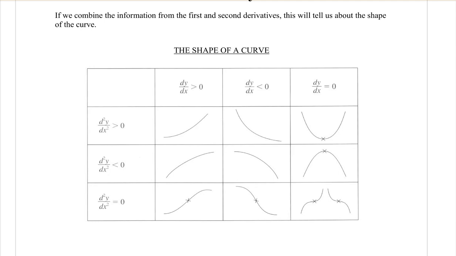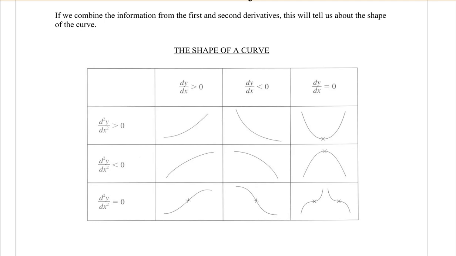And keep going for this one, if it's less than 0, we have all the concave down versions, positive gradient, negative gradient. If it's equal to 0, it means it's a maximum turning point. And if my second derivative is equal to 0, then I'm going to be finding points of inflection.